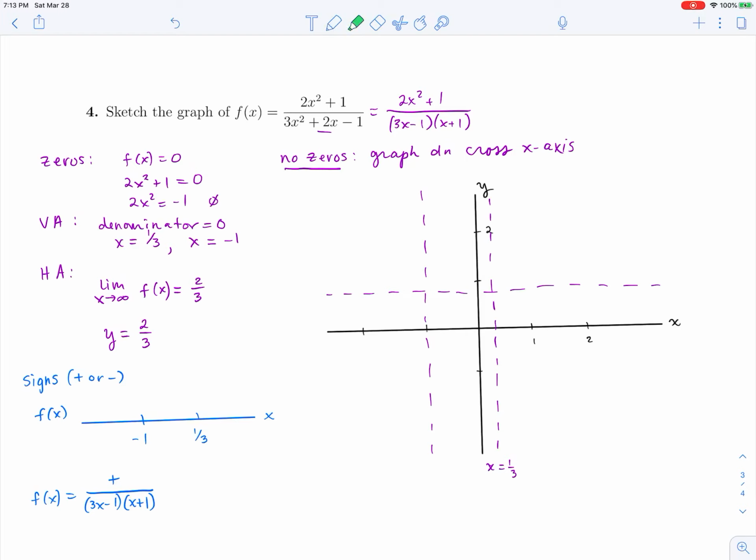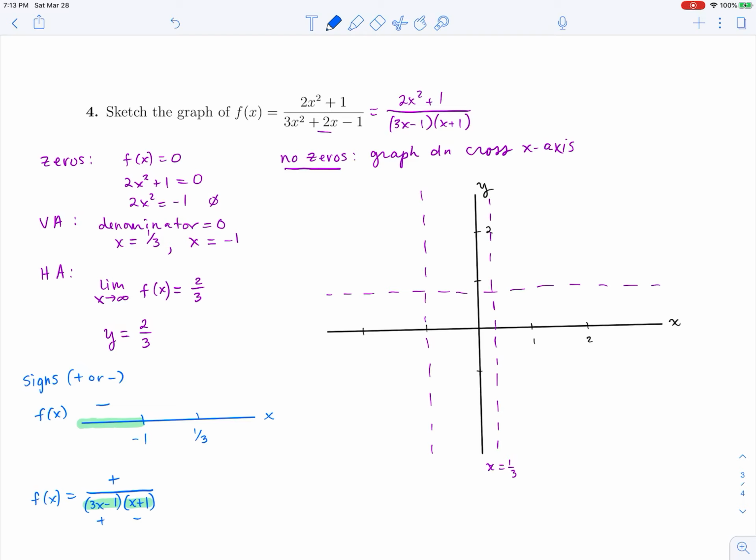So in this interval here, this x plus 1 is negative, and this 3x minus 1 is negative. And so overall, we get a positive y value for all the x values less than -1.